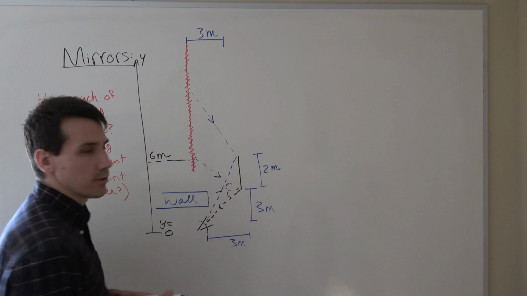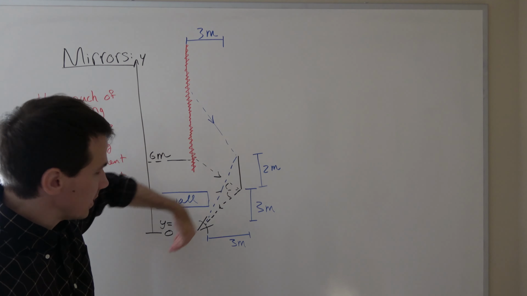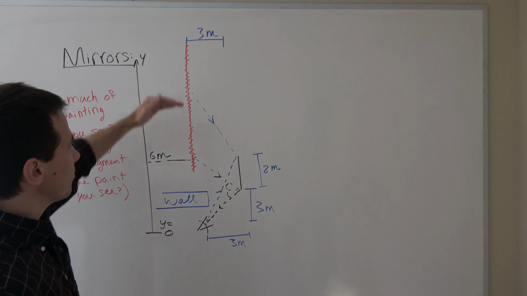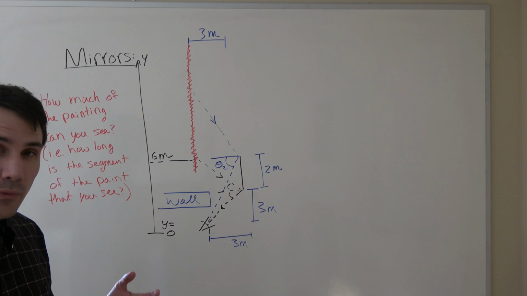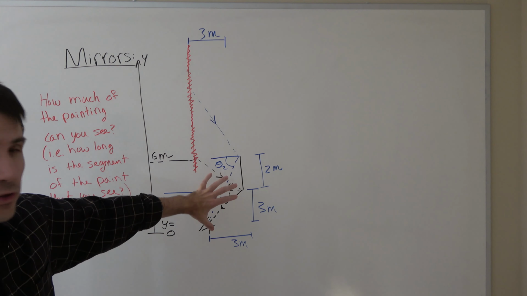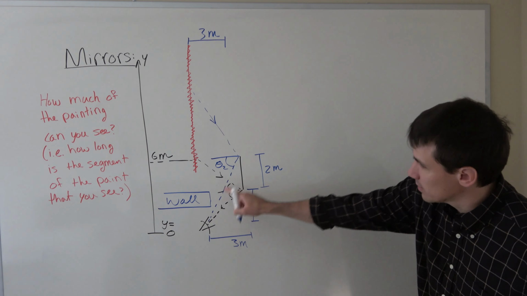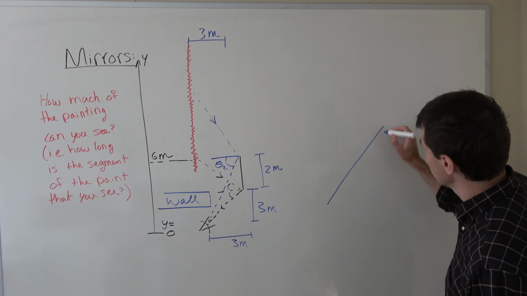So I'll again draw the arrow to say light is coming this way into our eye from the painting, and we want to find this location. So now we can do the exact same thing where we try to draw this triangle. So again, we can draw this blue dotted line here.